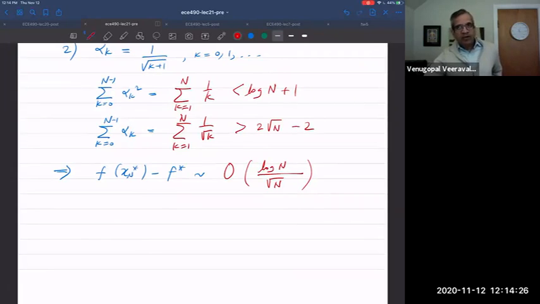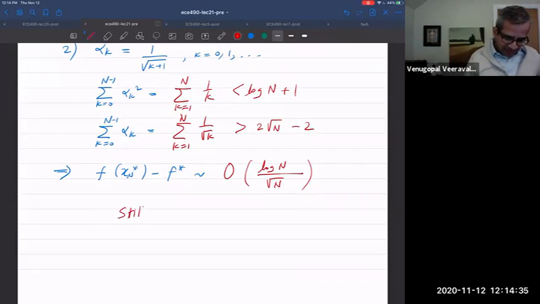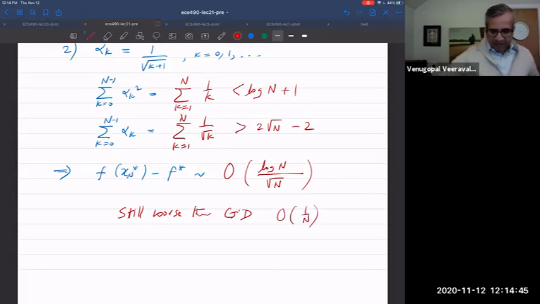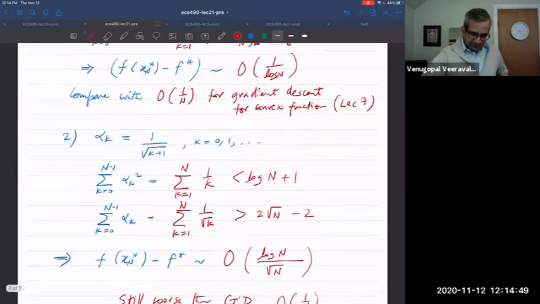This is like 1 over square root of n, right? Okay, it's still worse than 1 over n, than GD, right? But at least it's not as bad as 1 over log n.